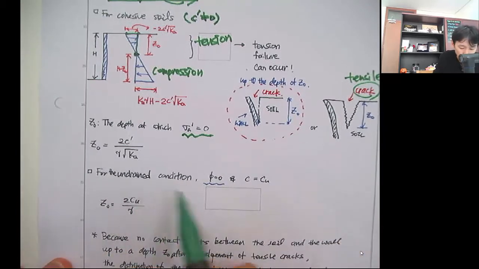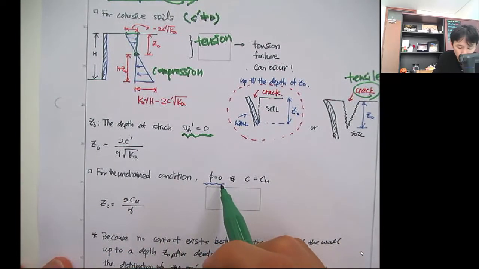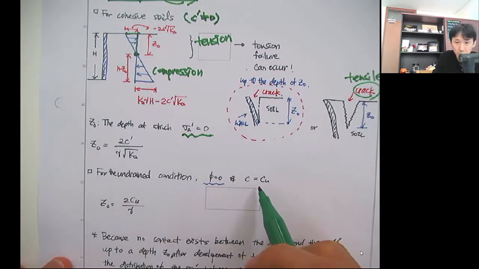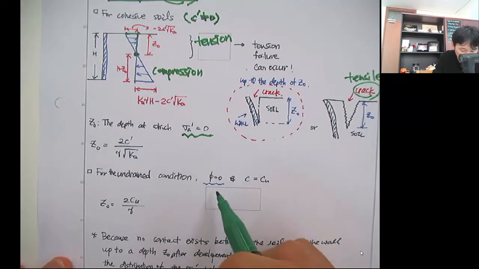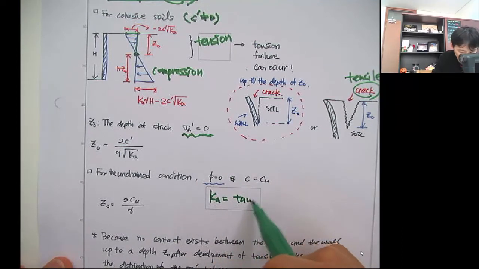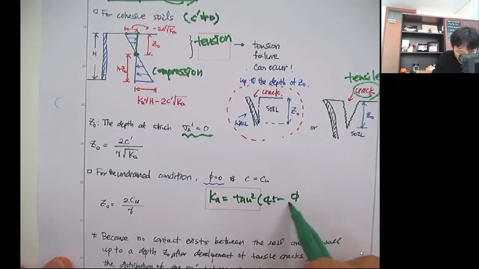And for the undrained condition, if phi is 0 and c is the same as the undrained strength or the cohesion Cu, then because the friction angle is 0, Ka is 1.